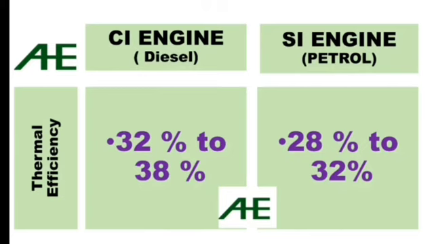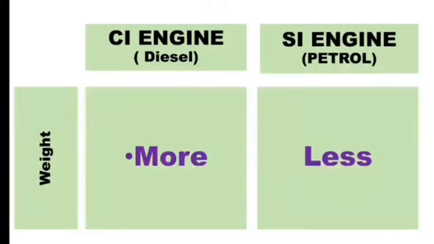Sometimes in some MCQs it is given like 35 to 38%. In an SI engine, the petrol engine, the efficiency is 28 to 32%. So you will see the diesel engine has more thermal efficiency compared with the petrol engine.